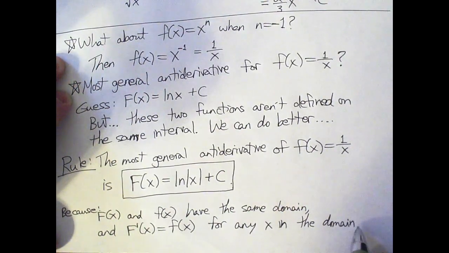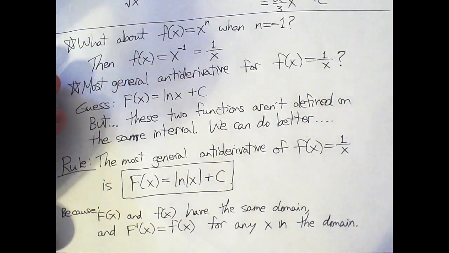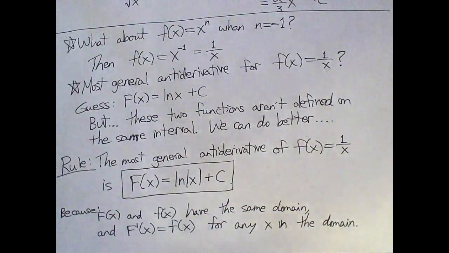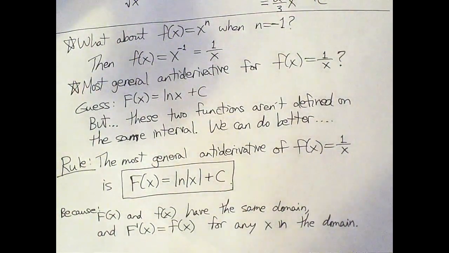So that's why this is the rule that we use. This is the preferred form. The absolute value takes care of any negative numbers by making them positive. Seems like a neat little trick, but we only really use it this one time, just for this rule.